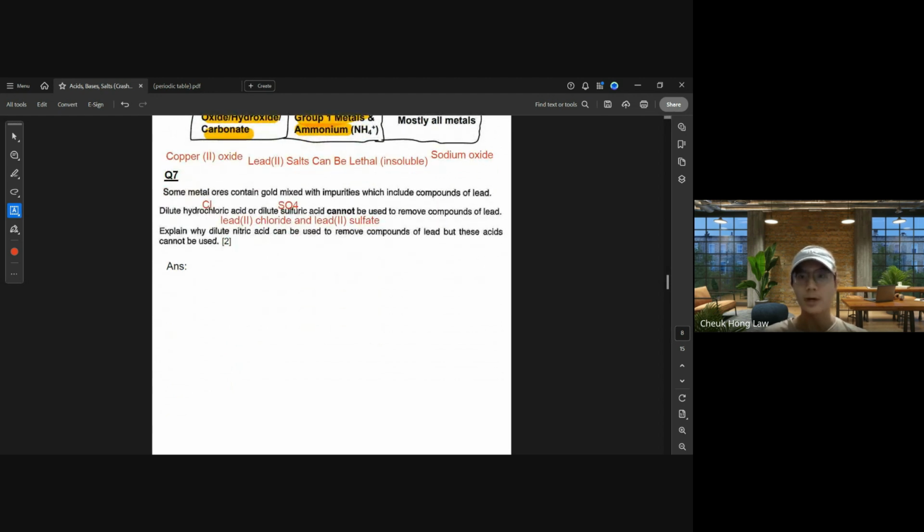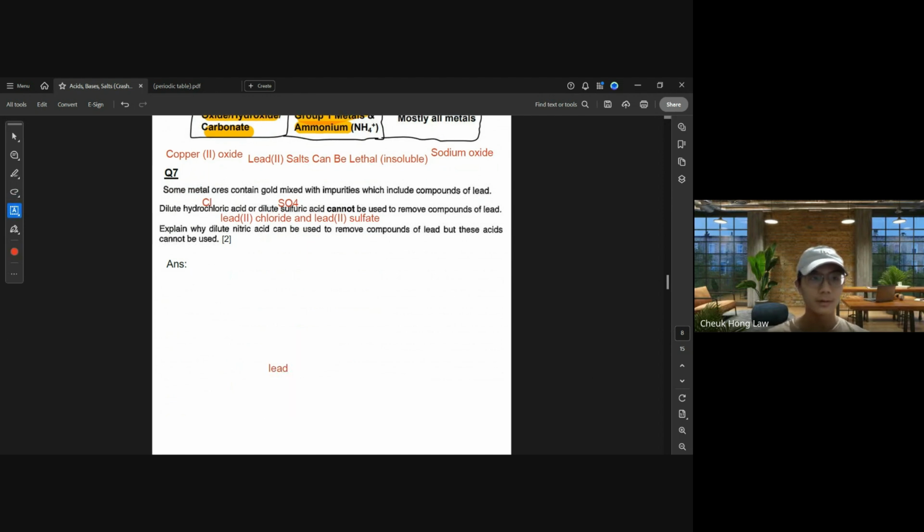So what happens if you add it to lead? Let's say you have a piece of lead here, and then you add your dilute sulfuric acid, add your dilute hydrochloric acid. So you add already, then it will react for a while. It won't be completely no reaction. It will still react for a while until it forms a layer of lead-2 chloride and lead-2 sulfate.